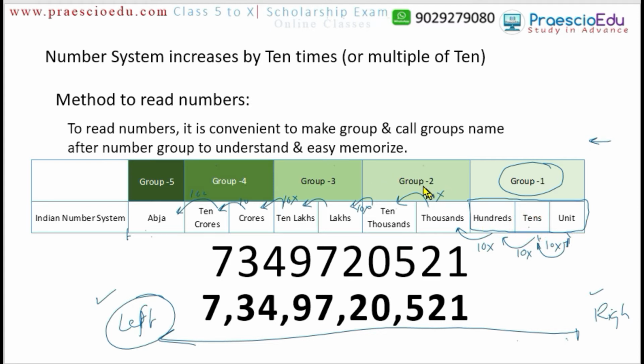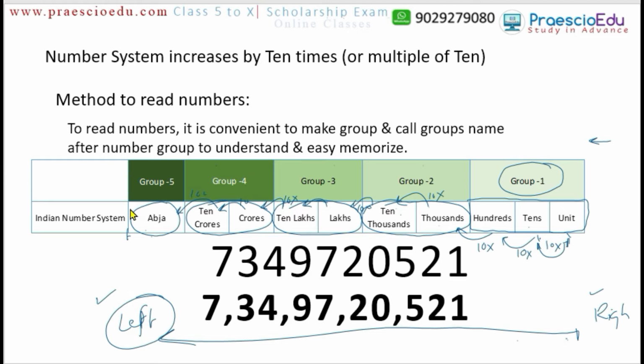Then in the next group, 1000 and 10,000. In group 3, 10 lakh and lakh. In group 4, 10 crore and crore. And in group 5, only abja. In group 5, 10 abja is also there, but just remember up to the abja for our scholarship exam purpose.